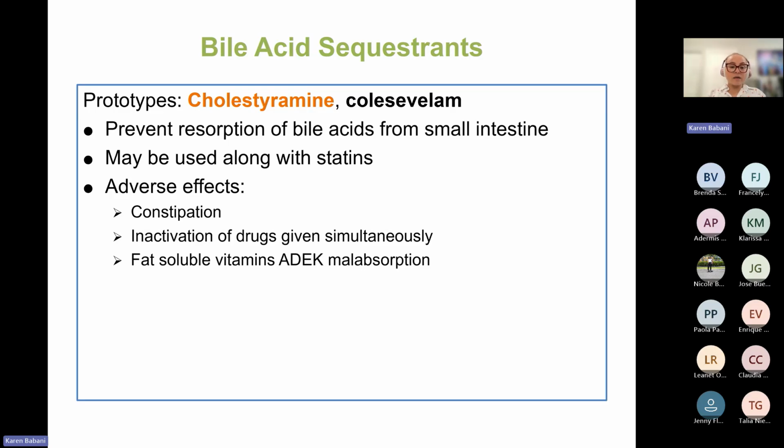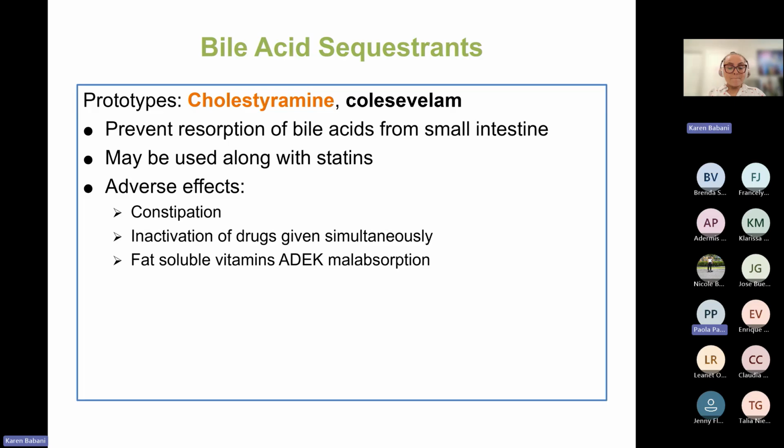Now, an adverse effect with this is constipation. That's different. If I tell you that this medication sequesters or kidnaps fats, what do you think is going to happen to the vitamins A, D, E, and K? What do we know about those vitamins?